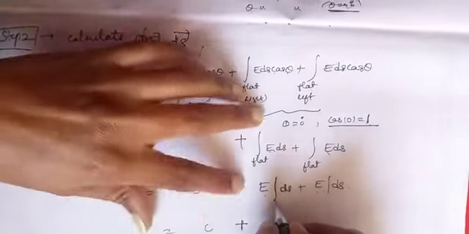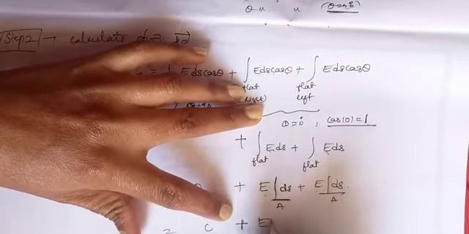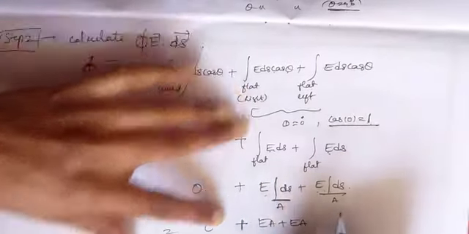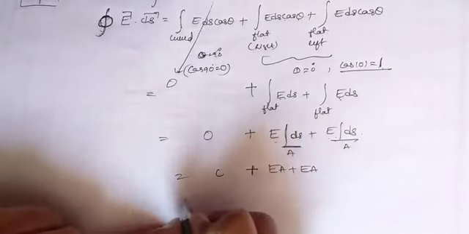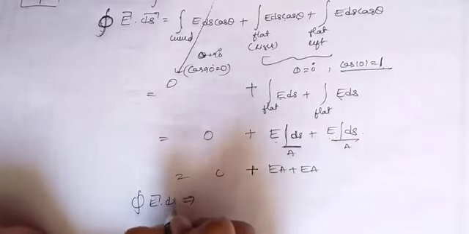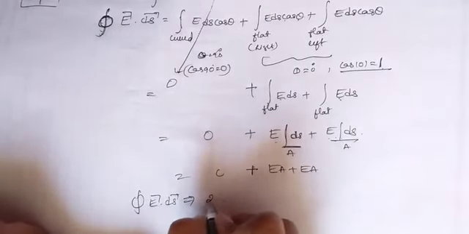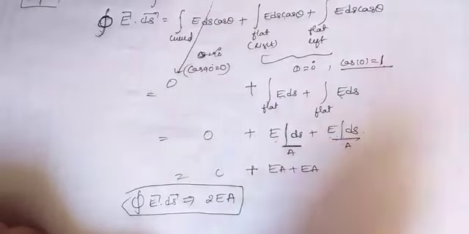Let us consider the total sheet area A. Then E into A plus E into A. So the closed integral of E bar dot ds bar equals 2EA. This is the second step.